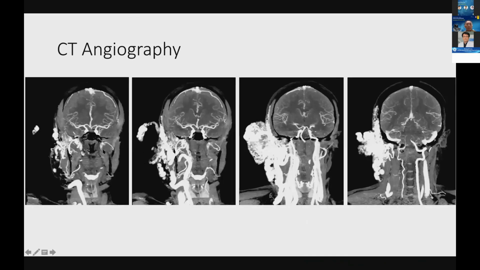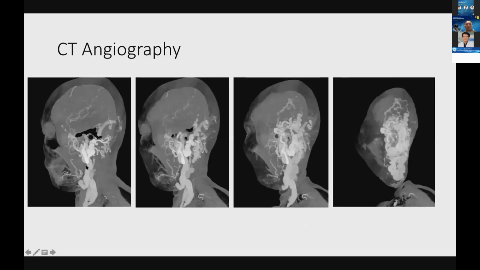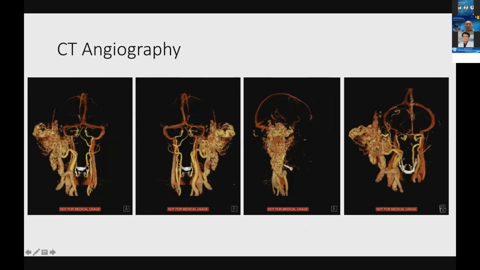This is the coronal view, early phase, this is exactly the nidus, and this is a draining vein. You can see the draining vein more clearly with CT angiography. This is 3D CT angiography, volume rendering; we can rotate the picture to the AP view, lateral view, even the oblique view.